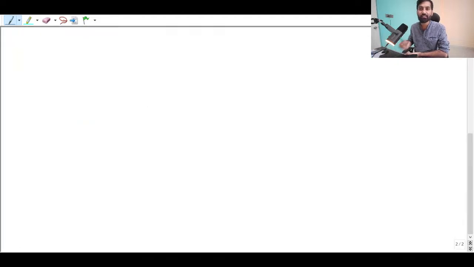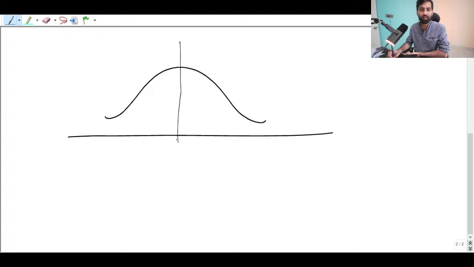So what will be the density function? The density function looks like this, for random variable Z, with mu equal to 0. The expectation of Z is 0 here.